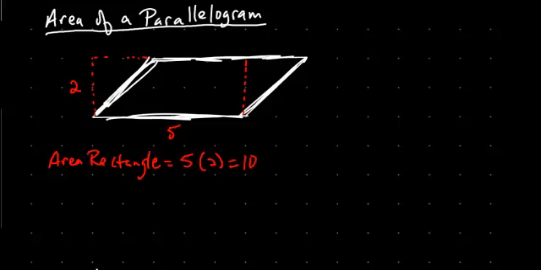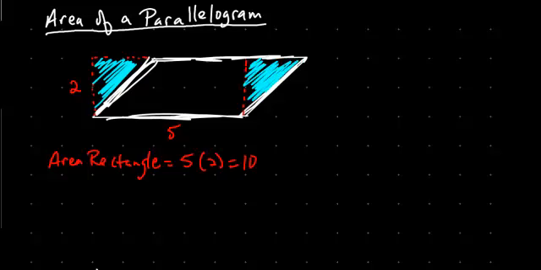But if you notice here, imagine taking this rectangle and using it to form this parallelogram. And so we lost that much area. But if we look over here, we gained the same amount of area.